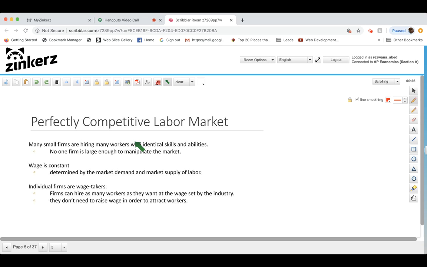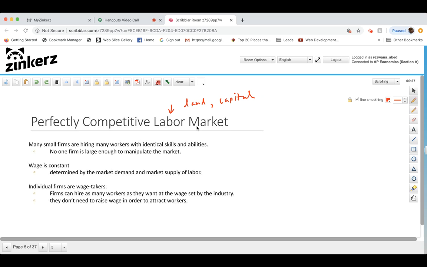When we talked about four different factors of production, labor, land, capital, and entrepreneurship, for the purposes of this course, and this is how the AP exam is also structured, they focus mostly on one of those factors, which is labor. So we're going to be mostly focusing on the labor market. The analysis that we do here with the labor market also extends to land and capital.